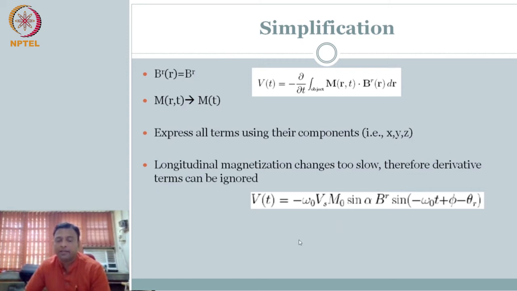We can make some sense of this. If you really look at it, what is this saying? You have some magnitude which is changing sinusoidally. So this is a sinusoidal signal. Not only that, you know the frequency of the sinusoid, right? You already see this omega naught. So essentially what you are recording is a sinusoidal signal whose frequency is also not a big deal, because you know it is omega naught.